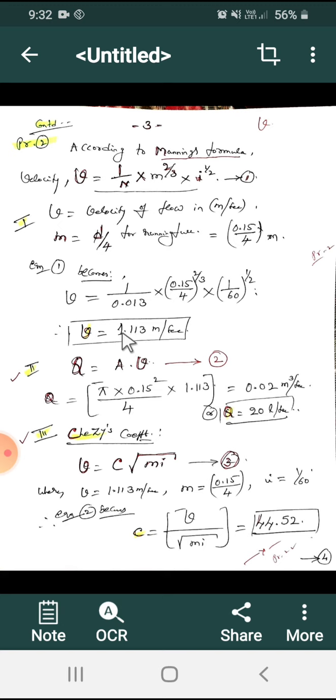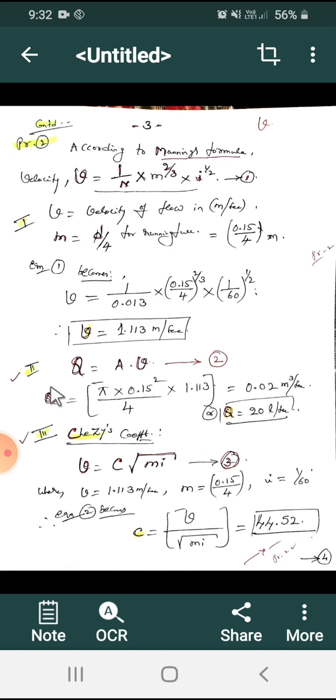We have determined the V value, substitute it here. Finally, Q will be 0.02 meters cube per second. That is nothing but, multiplying by 1000, 20 liters per second.